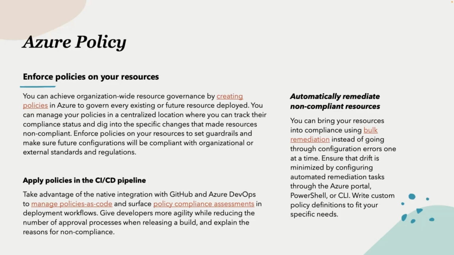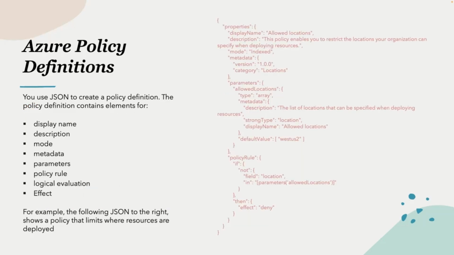Another final example is that we can use Azure Policy to require different resources to send diagnostic logs to a Log Analytics workspace. So with that in mind, let us take a deeper dive into Azure Policy. Now, within Azure Policy, we use JSON to create what we call policy definitions.